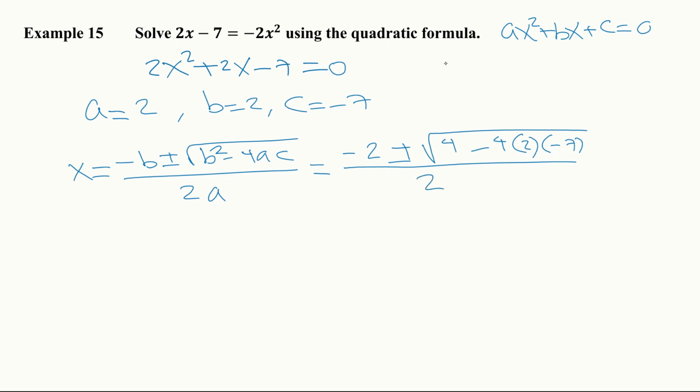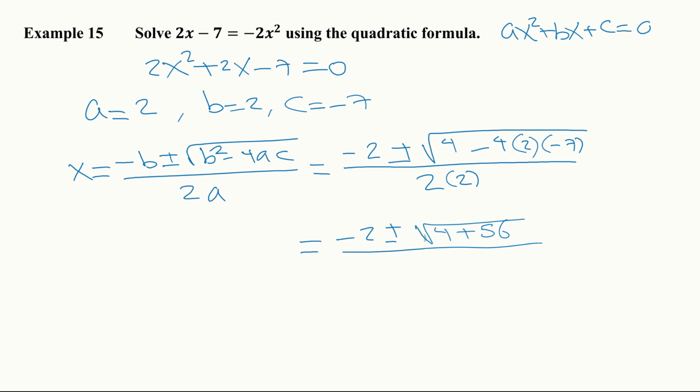Over 2 times a, which is 2. So we get negative 2 plus or minus square root of 4. Now, this negative times that negative, they're going to result in a positive, and 8 times 7 is 56. So 4 plus 56 over 4, right?